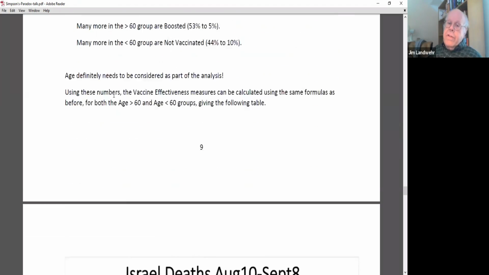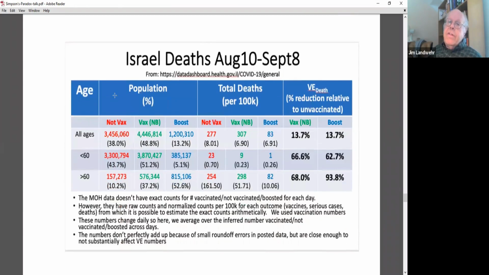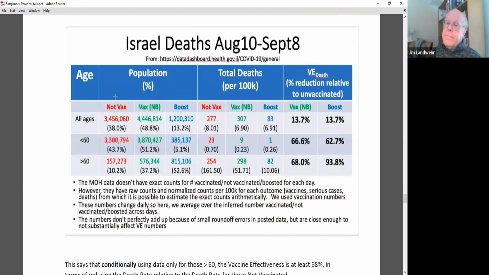So we do the same calculation we just did, but now we do it separately for those over 60 and under 60. The numbers here are the same as before, except this vaccine effectiveness is added in here, and that's calculated for each of these rows exactly the same as we calculated it for the all ages a few slides back.